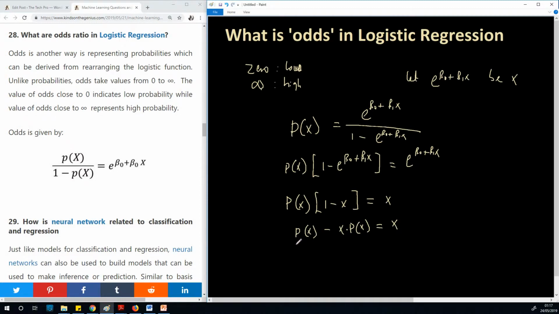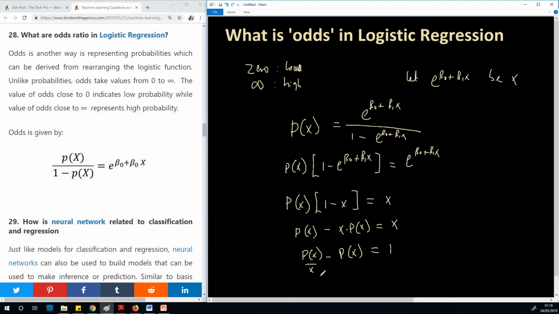So what I'm going to do this time is to divide both sides by X. So I have p of x over X minus p of x is equal to 1, right?